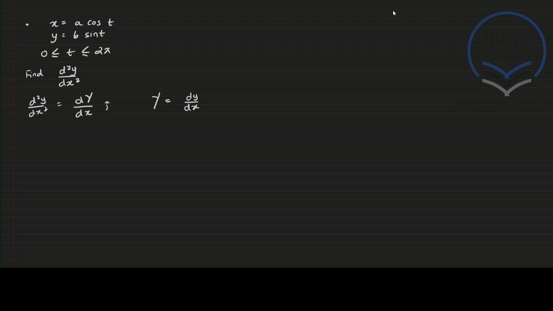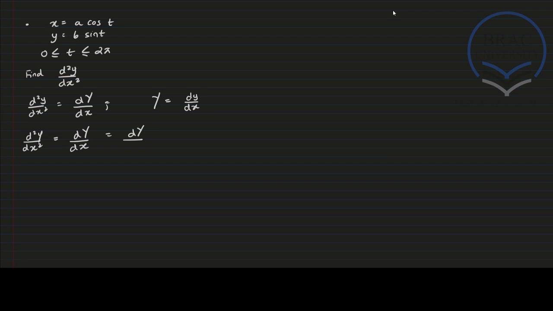So applying parametric differentiation, d squared y by dx squared equals d of dy by dx. Again we can break it down with respect to t, because we're changing the parameters here, which is why it's called parametric differentiation.